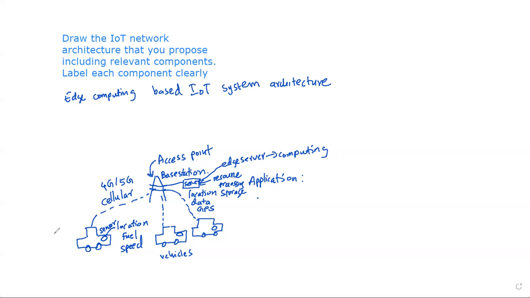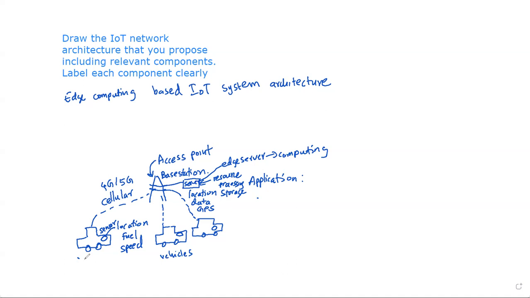If we do the edge computing at the vehicle level, the PICME company might not be able to access that data which is available at the vehicle level. Since I want to pass that data to the remote location where the edge server is, I need to do the processing at the edge server, which is placed near the access point.